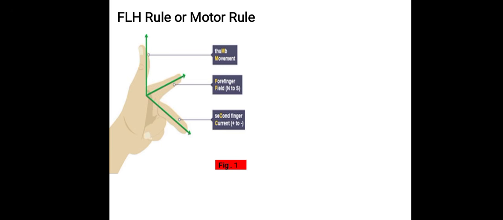When all three fingers are perpendicular to each other, if we know two things, the other can be found. Here in this case, the magnetic field direction is known, and the current direction is known. So the unknown value here is the movement, the rotation. That can be found from Fleming's left hand rule.